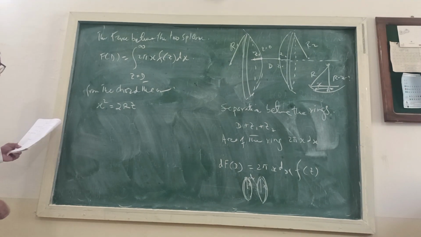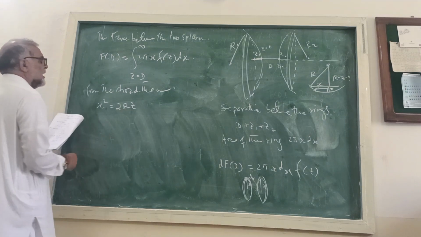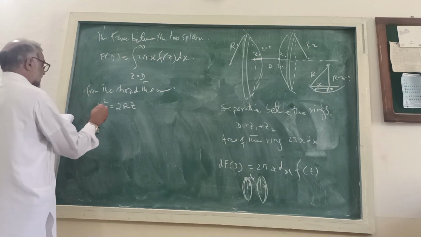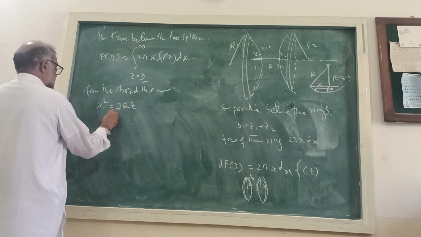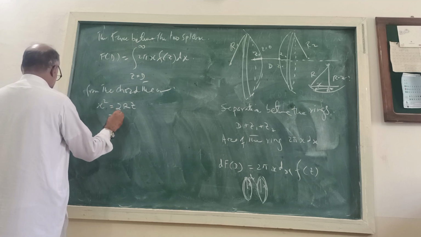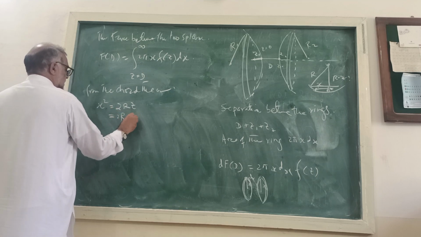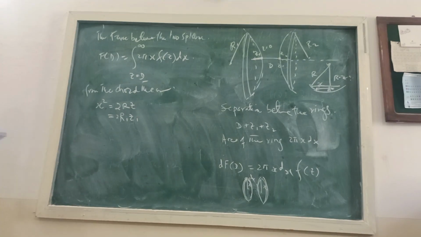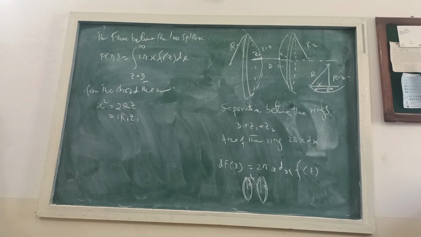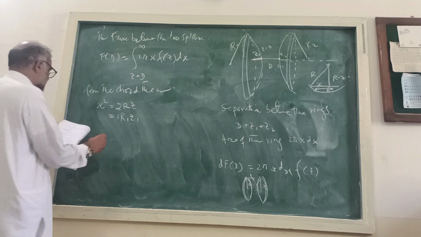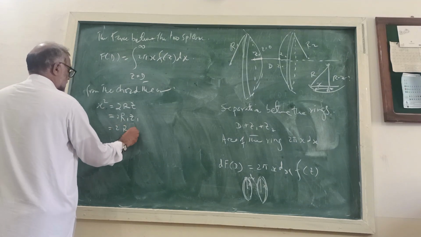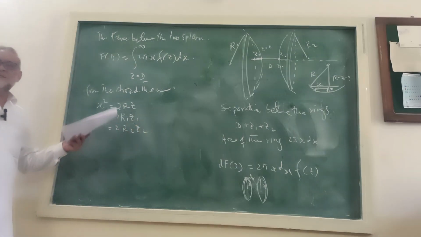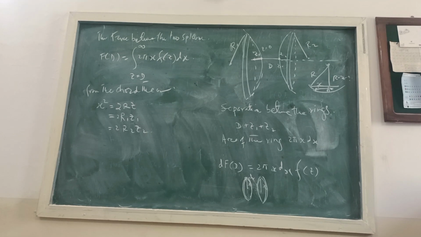Okay, so x squared is equal to 2rz, and it can be written as 2r1 z1 for this one square. It can be equal to 2r2 z2 for the other one.